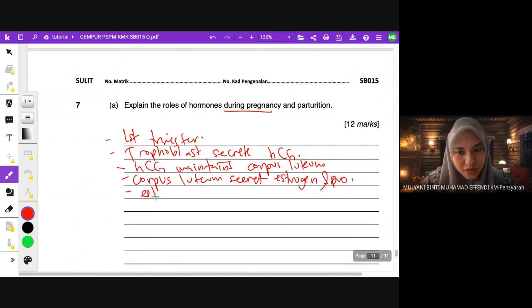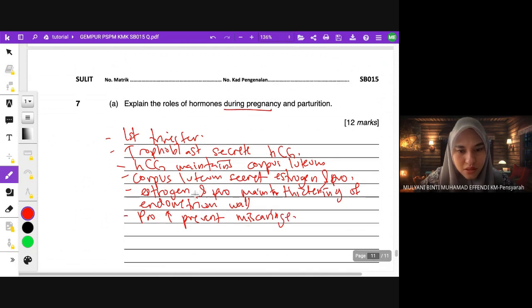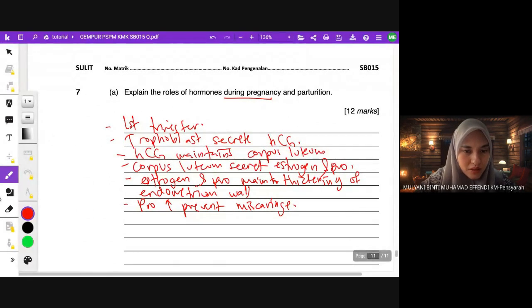So estrogen and progesterone maintain thickening of endometrium wall. Okay. Then progesterone high prevent miscarriage. Okay. During pregnancy. Ni dia point sikit lah. So ni okey lah kot.